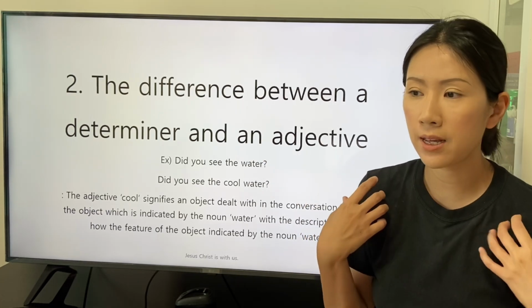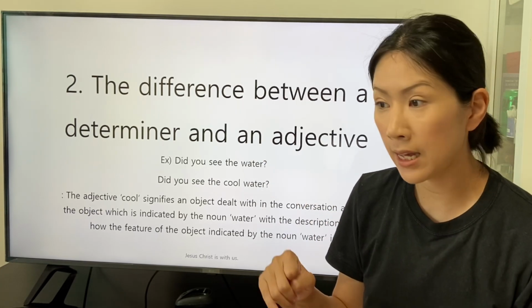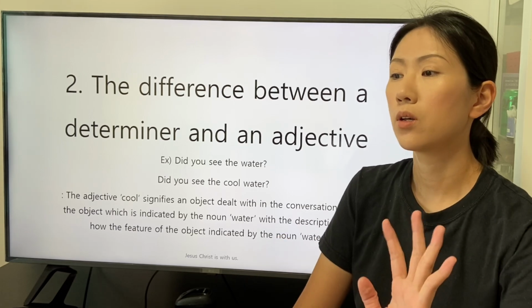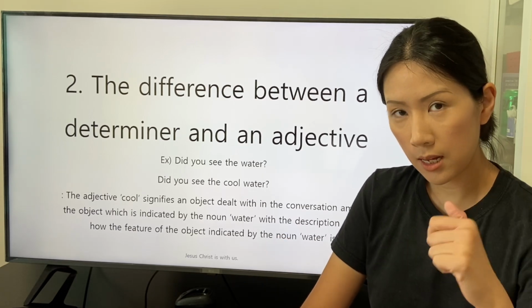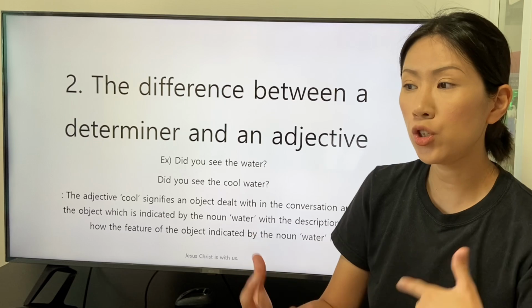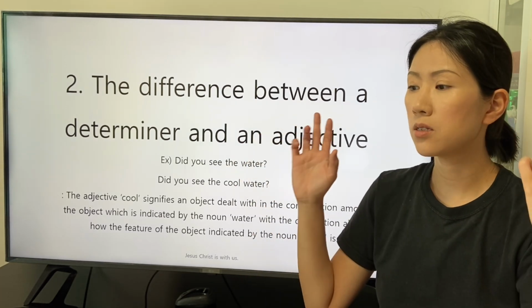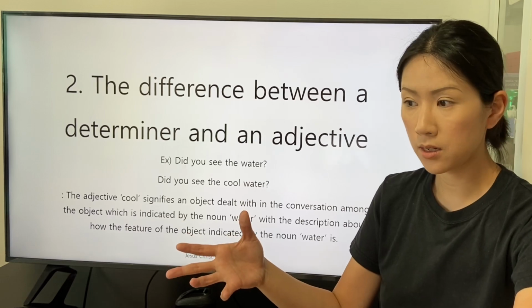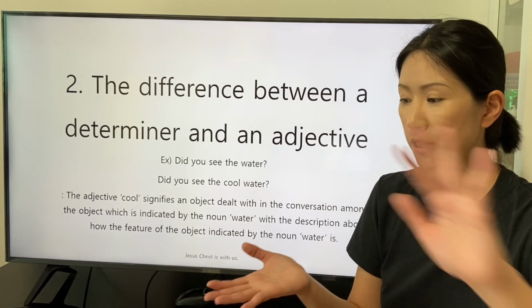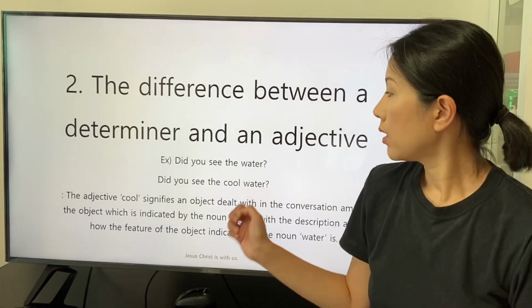We can understand that the adjective and the determiner are applied to recognize the same object among the speaker and the listeners easily.